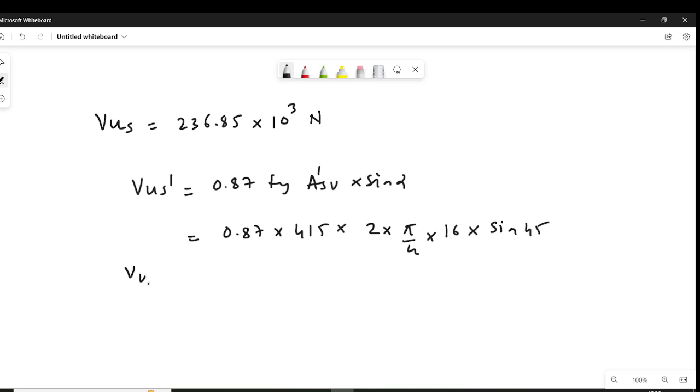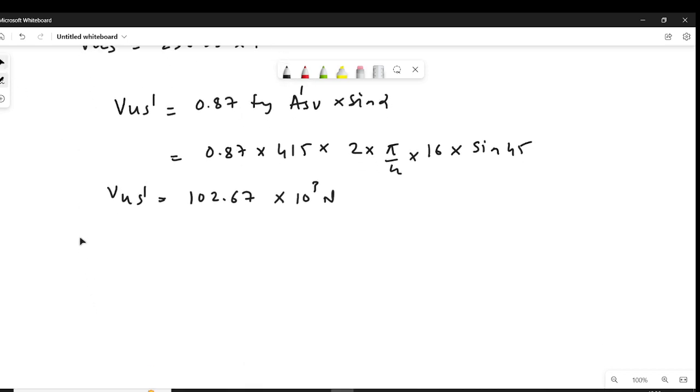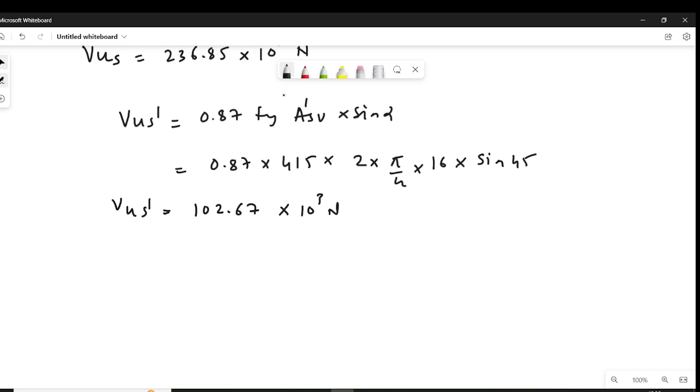So Vus dash equals 102.67 into 10 to the power 3 Newton. So this is the Vus dash you are getting. Now after finding Vus dash, which is the shear capacity of the curtailed bars, you have to check that Vus dash should not be greater than Vus by 2.